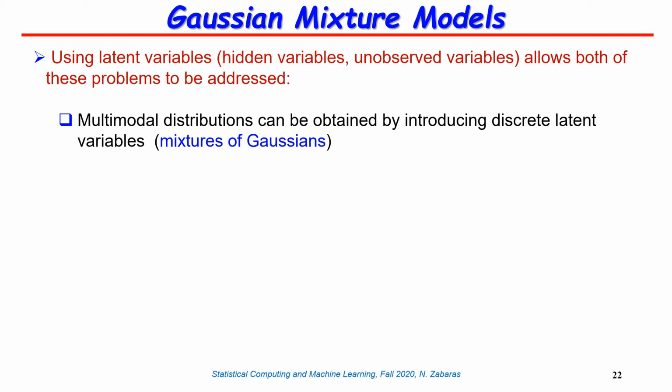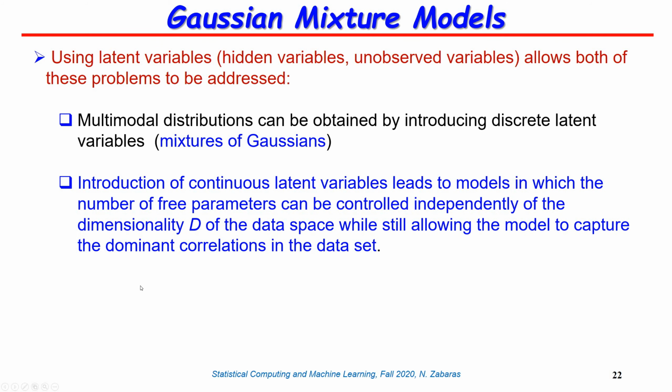So that again can represent any sort of distribution in high dimensions. But also, and this is a more relevant aspect in machine learning, you can actually use continuous latent variables.